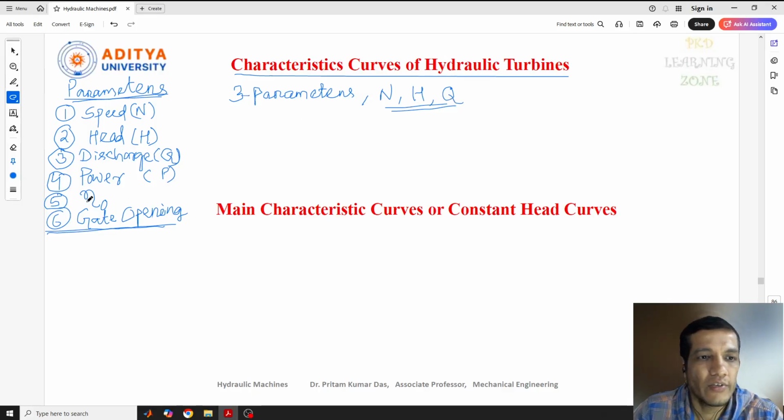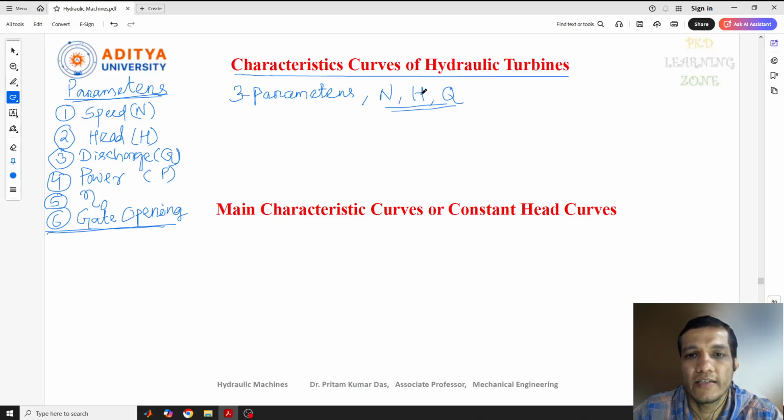The remaining are dependent, because power will be calculated by considering these parameters. So in these 3 parameters we need to consider a single parameter.